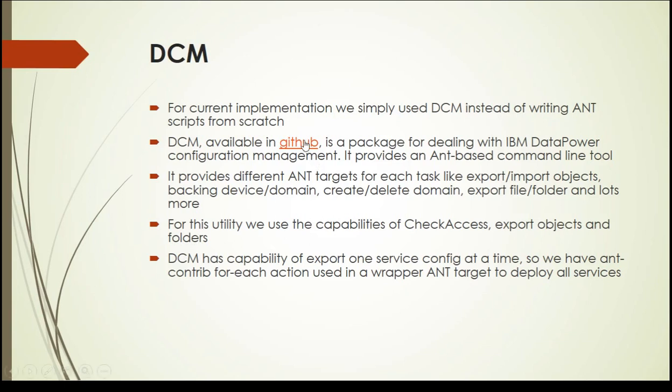It is available on GitHub as a package, and you can install it and use it for your purposes. There are many tasks available, many targets; everything is a target there. You have lots of functionalities available as targets, which are exporting and importing objects, backing up the device, backing up the domain, backing up certificates, and exporting certificates.